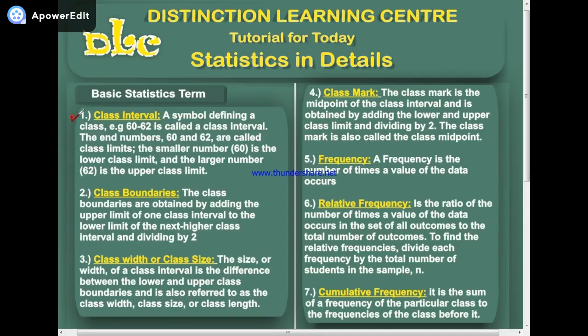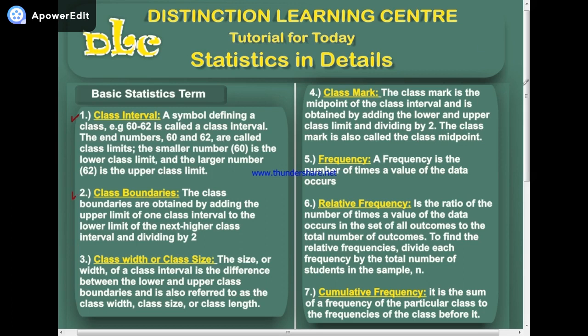Let's now move to the second term, which is class boundary. Here, it says the class boundaries are obtained by adding the upper limit of one class interval to the lower limit of the next higher class interval and dividing by 2.